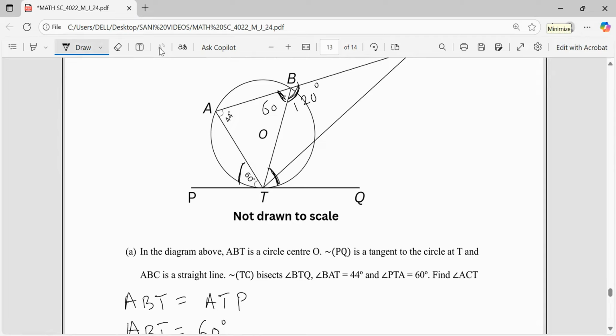So the next angle we can get here is angle BTQ. Angle BTQ is equal to angle BAT. That is also another alternate segment.